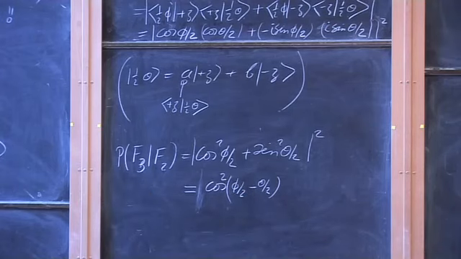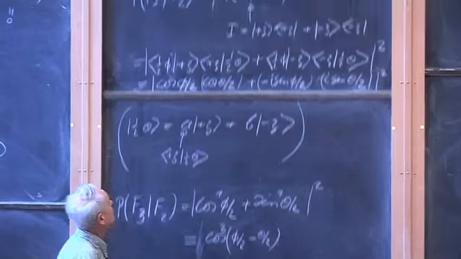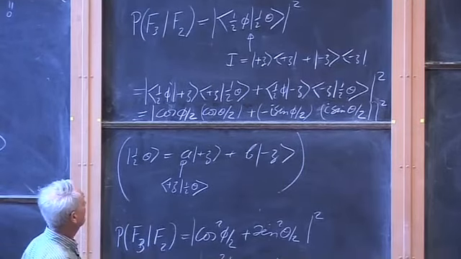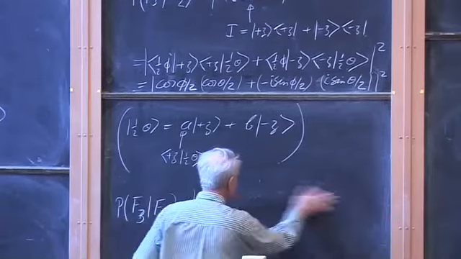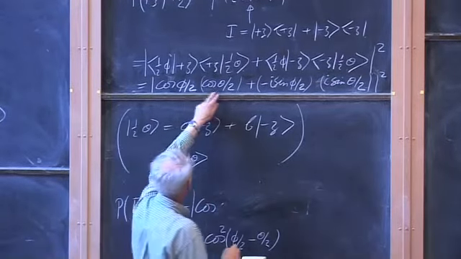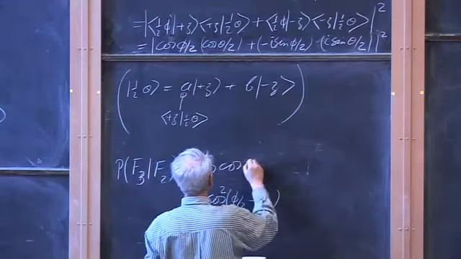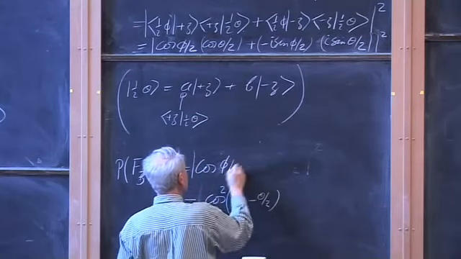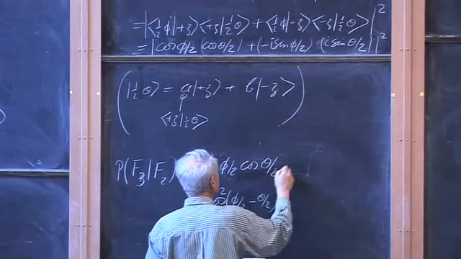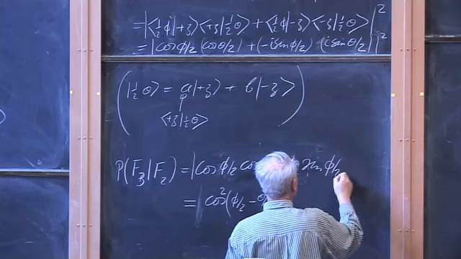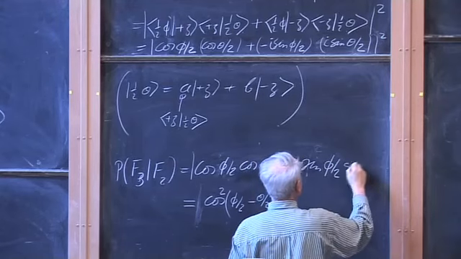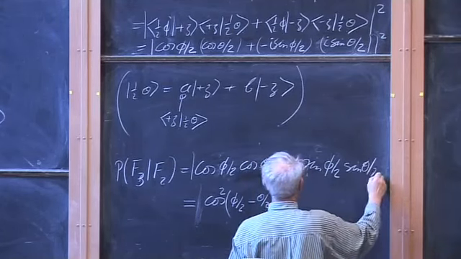Professor, how exactly did cos phi over 2 cos theta over 2 become cos squared phi over 2? Oh, gosh, yeah, sorry. You're completely right. So let's go back to this line here. This was cos phi over 2, cos theta over 2, plus sine phi over 2, sine theta over 2.